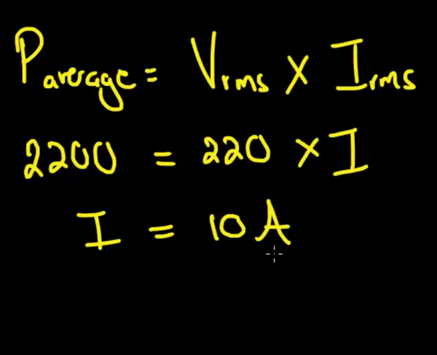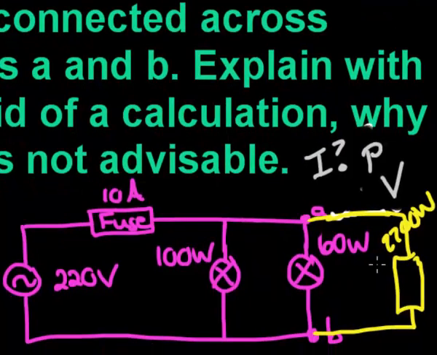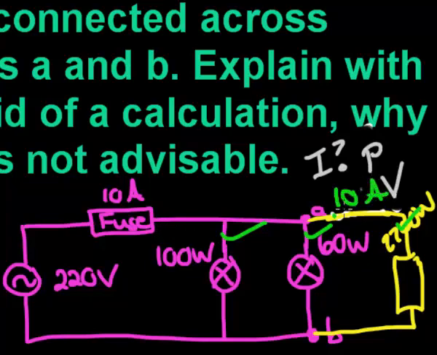Now that's 10 amps for just that very last branch. When we consider the total current, note that we will be adding our last branch, our second last, and the first branch's current. And that must not be greater than 10 amp. But if my very last branch already is 10 amp, and I still need to add the other currents to it, then we'll end up with a current greater than 10 amp, which will cause this fuse to blow.